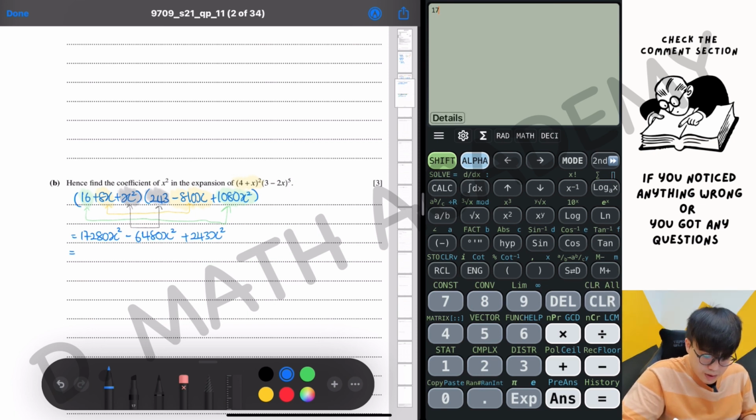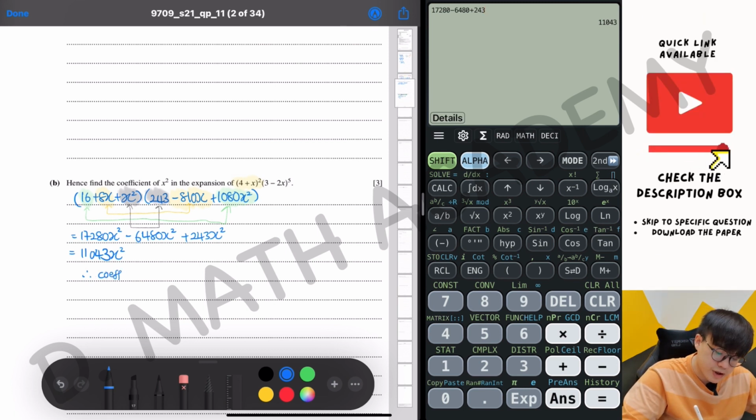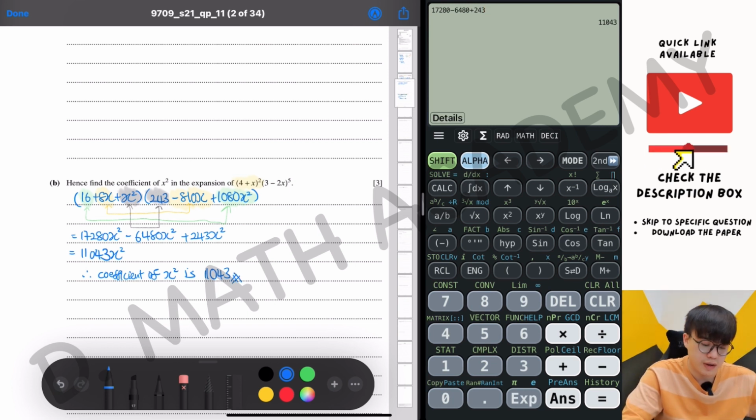So when you calculate this accordingly, you actually have 11,043. So I will write a conclusion at the side that the coefficient of x squared is 11043. That's how you secure the 3 marks here.